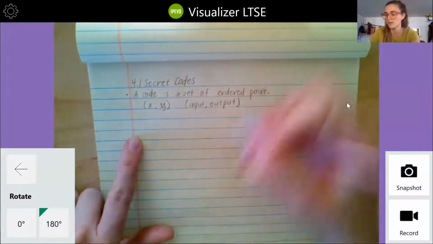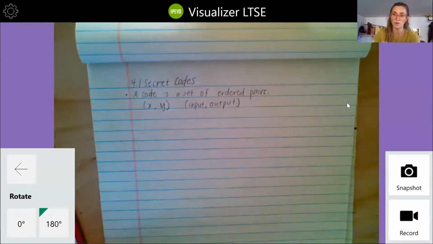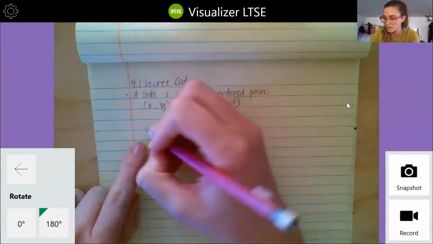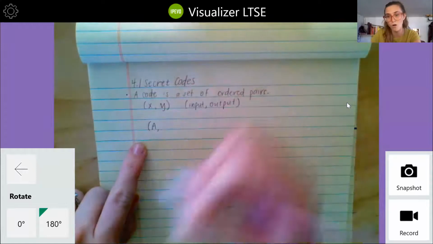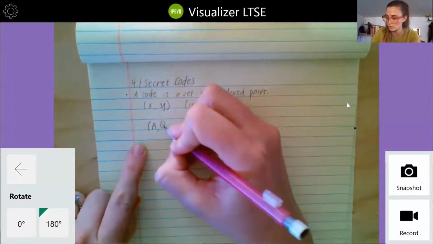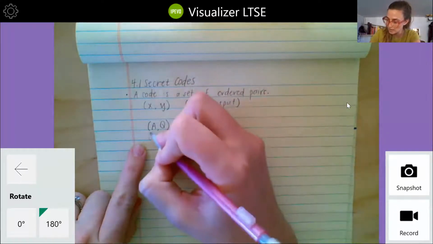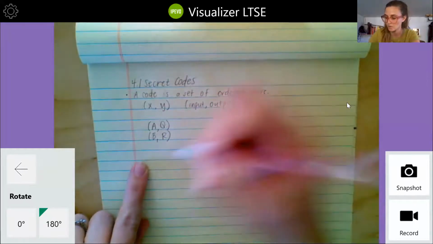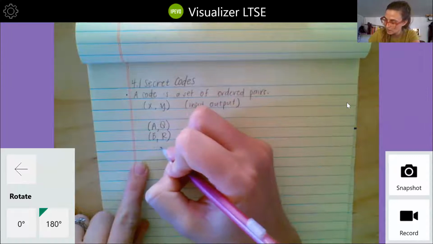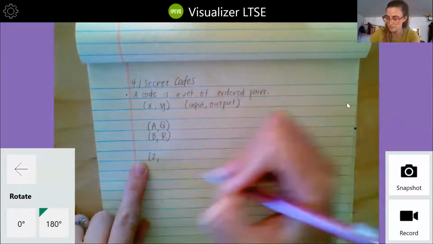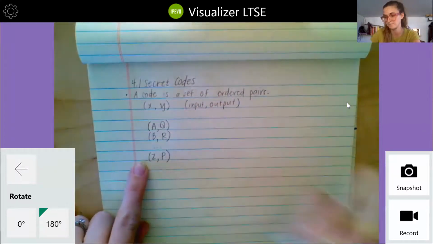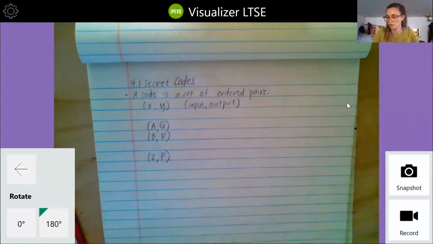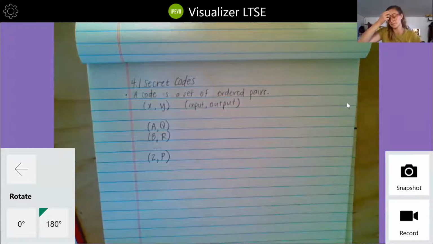So for example, in that first code that we used in the investigation, the pairs were, for the input A, our coded output was Q. For B, my coded output was R. For the input Z, the coded output was P. And so on. You can go through each of them and write those all out as ordered pairs.